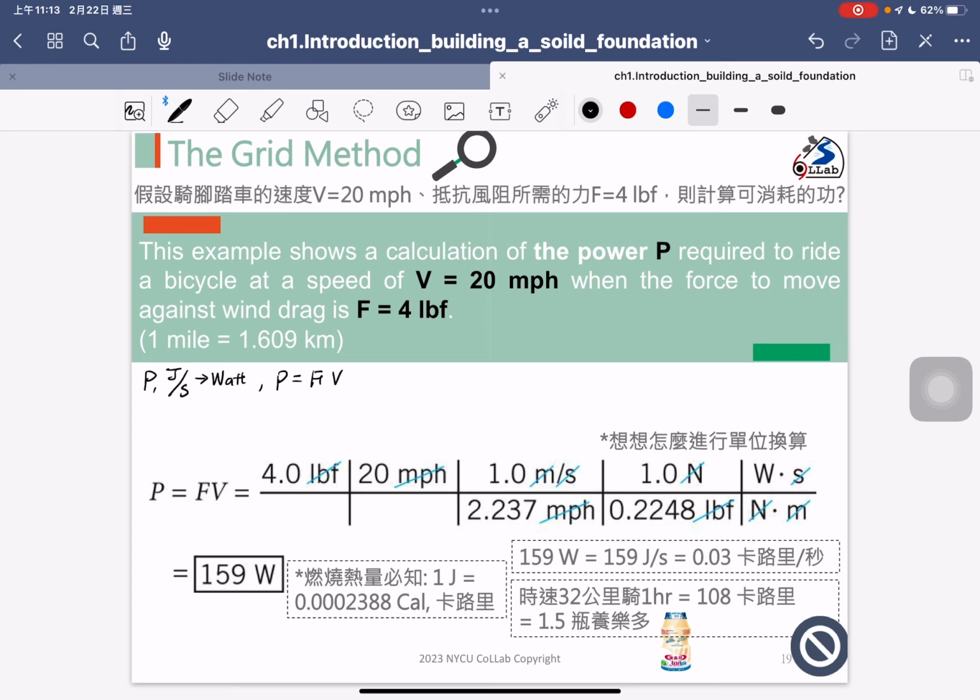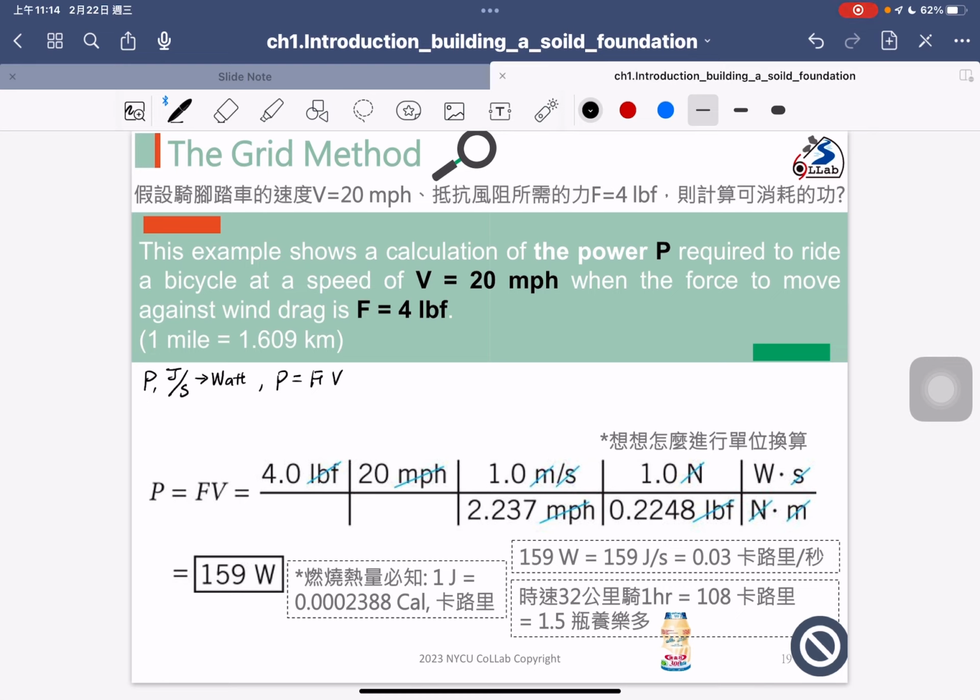The question already provides the two variables, the velocity and the force. But we should convert the units first before our calculation, because joule per second here is the SI unit, but what we have right now is the imperial unit, and mph is not an SI unit.